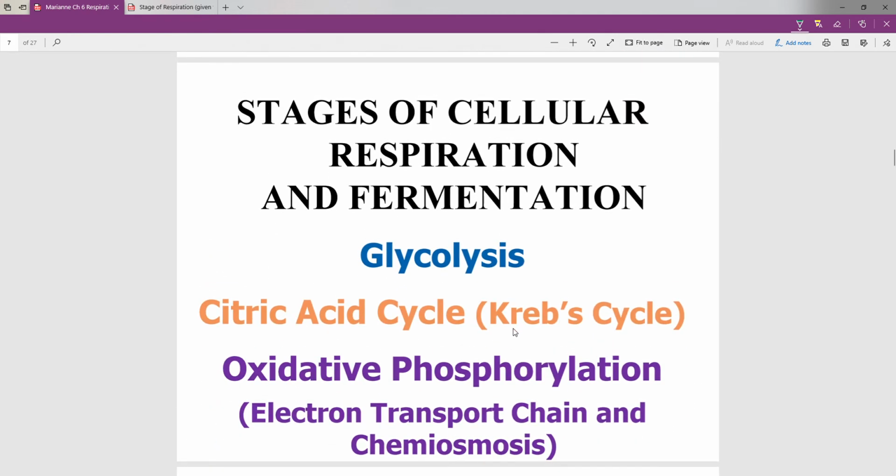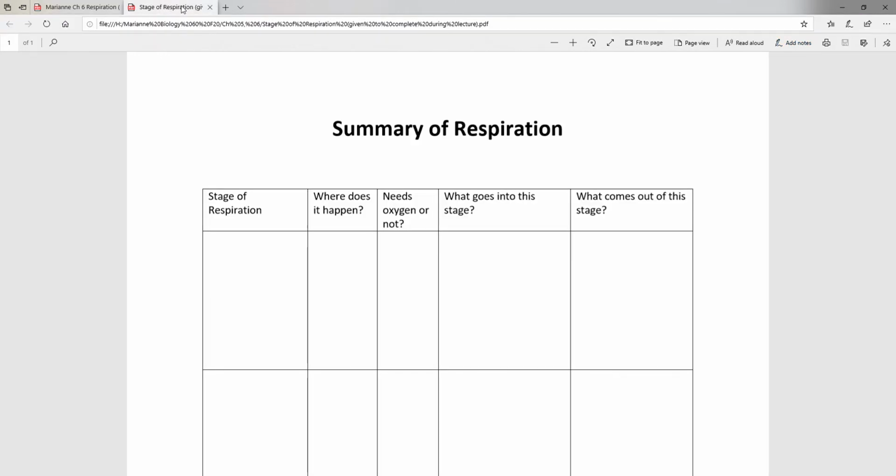So the stages of cellular respiration, we're going to go through these ones slowly. I'm going to try and summarize them onto a piece of paper that you were given. So this was in your package, or you could print it out.